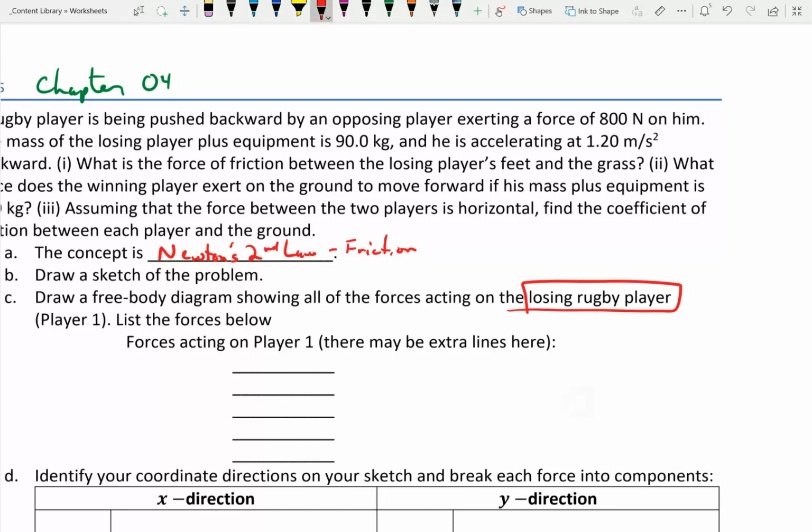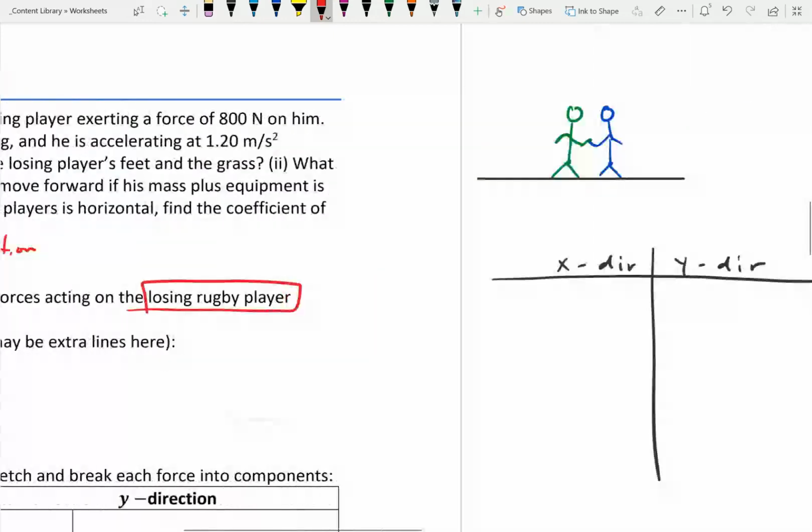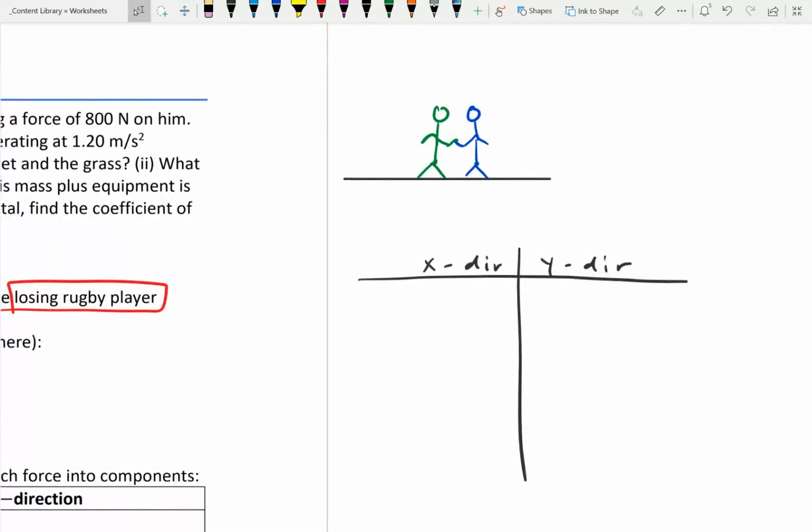So I'm only showing the forces acting on player 1. Player 1 is this guy. Player 2 is that guy. So I'm going to show all of the forces acting on player 1. So first, force gravity 1 equals m1g.